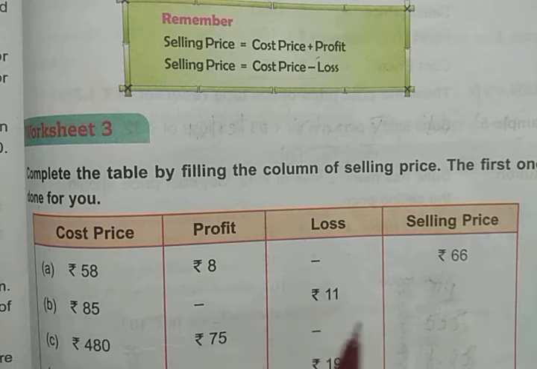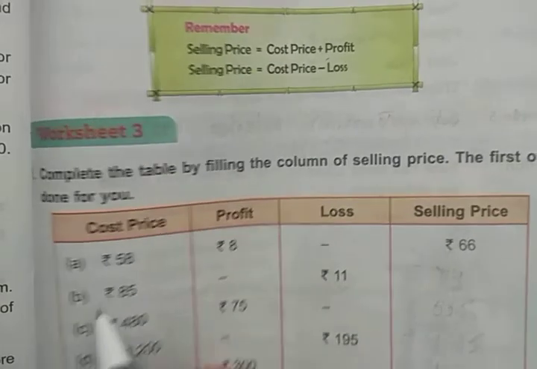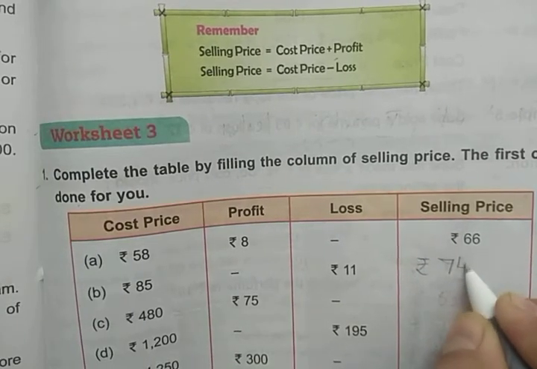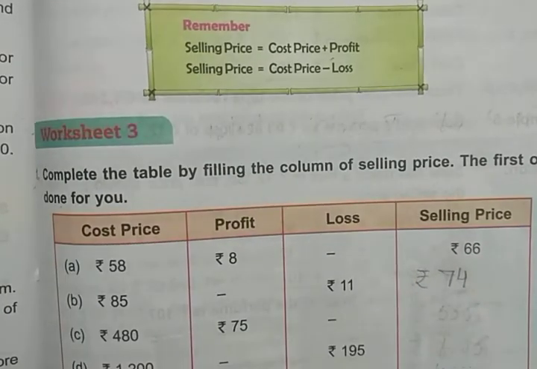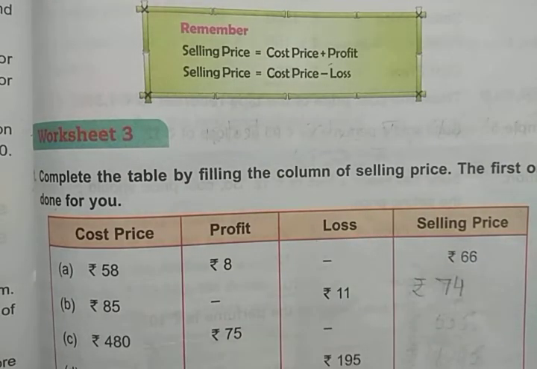That is rupees 77. Sorry, 74. So 74 rupees is your selling price. So 85 minus 11 is rupees 74. So in this way you can complete this table, and we will discuss it in our next video. Thank you.